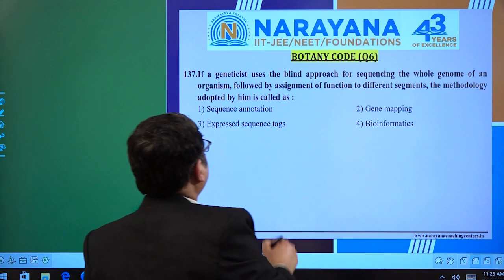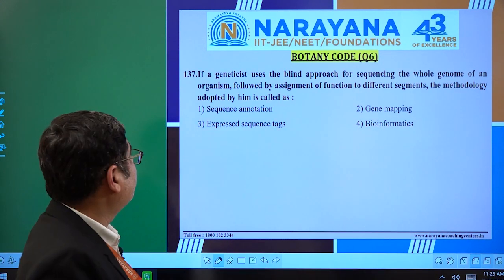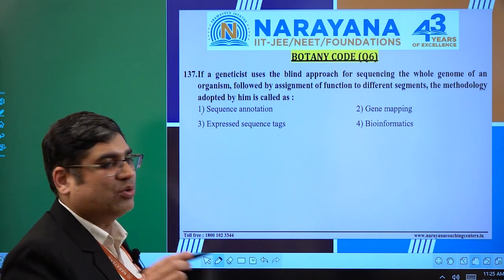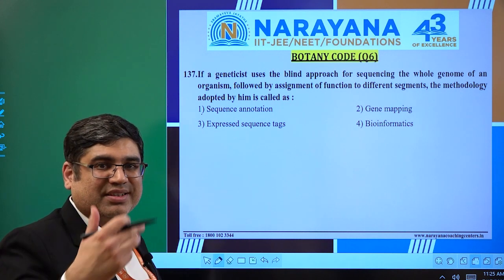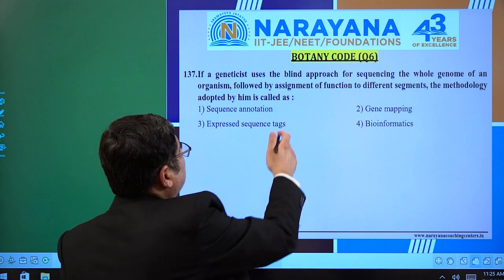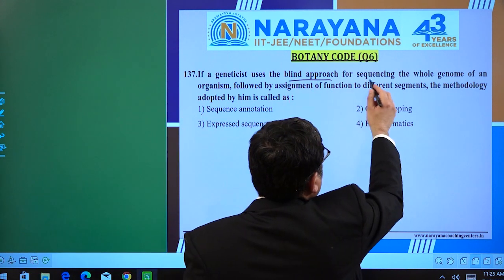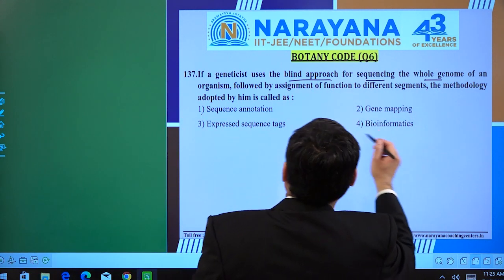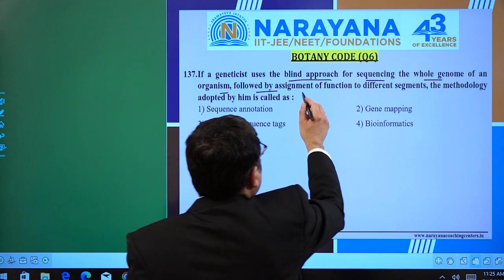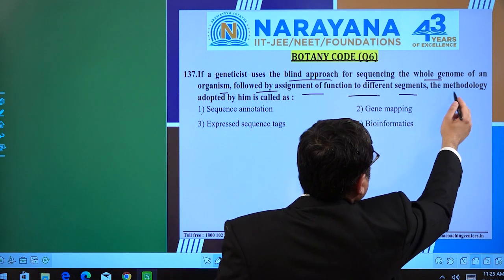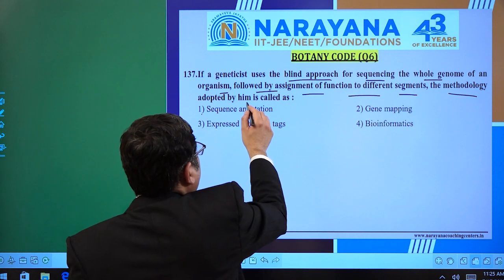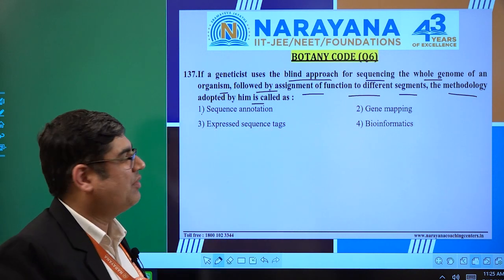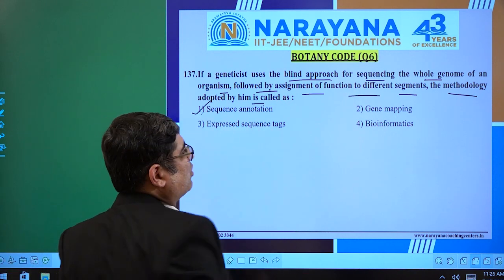Let's move to the next question. Question 137. If a geneticist, the one who is researching genetics, uses the blind approach for sequencing the whole genome of an organism, followed by assigning the function of different segments, the methodology adopted is called sequence annotation.